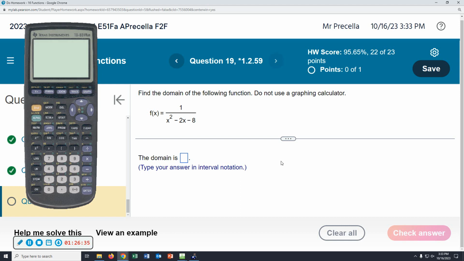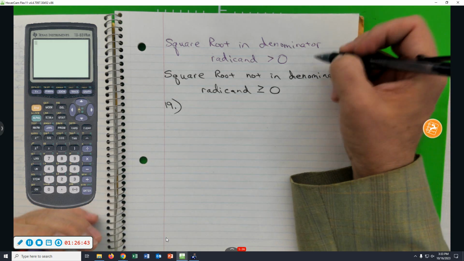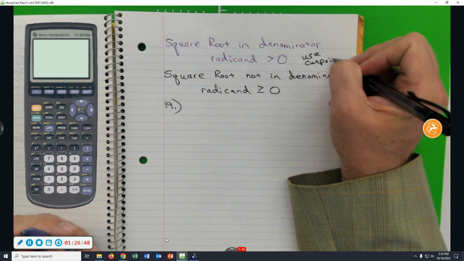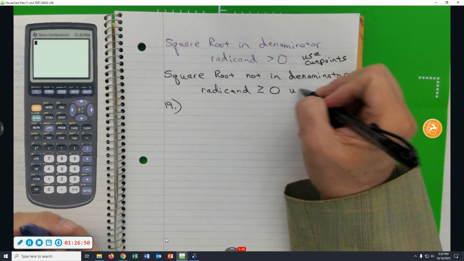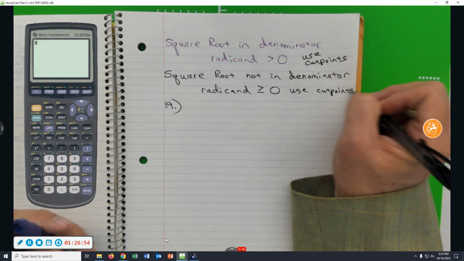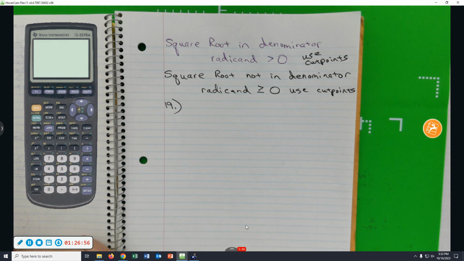I'm going to go back to my little page while I was making the summary, and I'm going to say use cut points. For finding domains of square root functions, you have to set up an inequality, and then we'll use cut points on them.